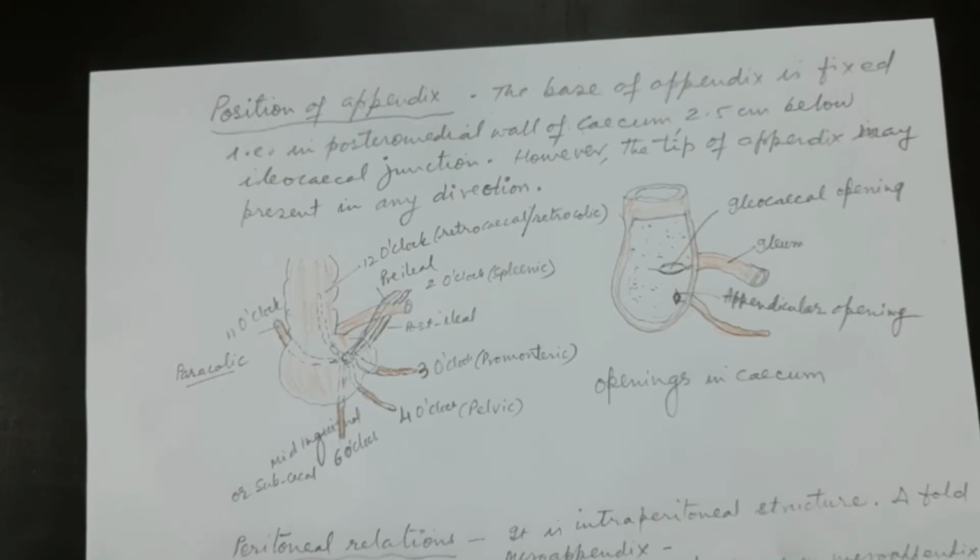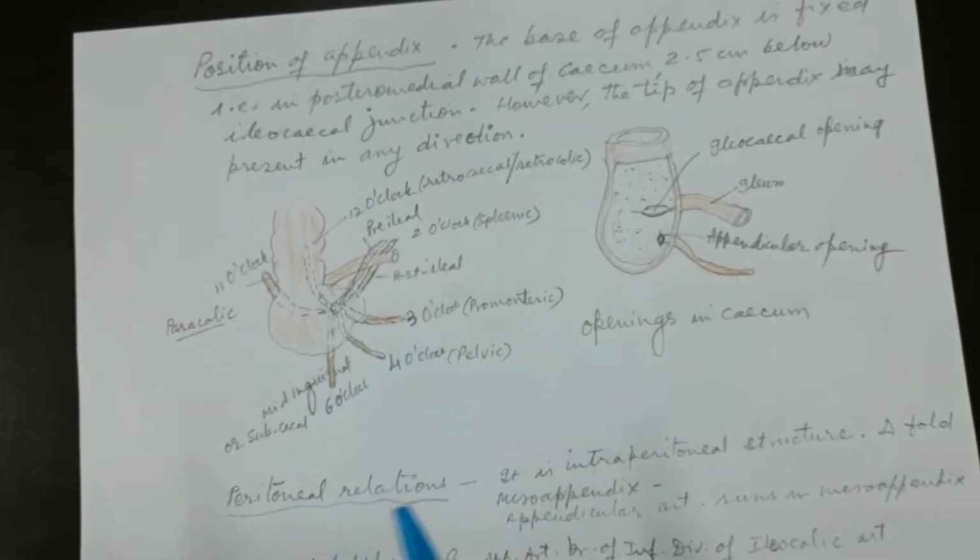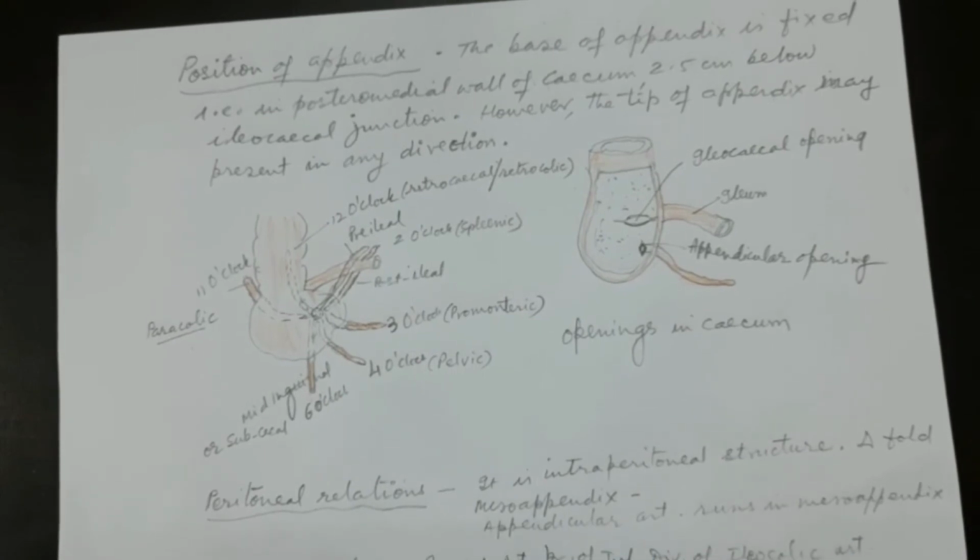Now let us come to the peritoneal relation of the appendix. The appendix is an intraperitoneal structure. It is totally covered by the peritoneum, so that's why it is called an intraperitoneal structure.